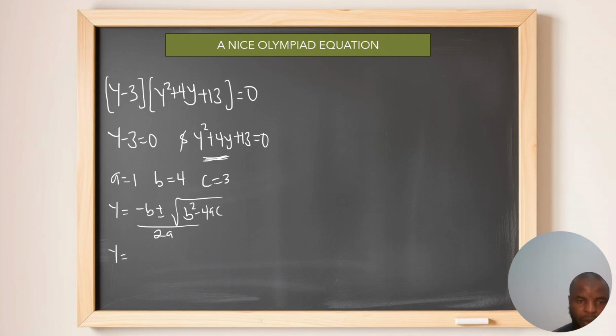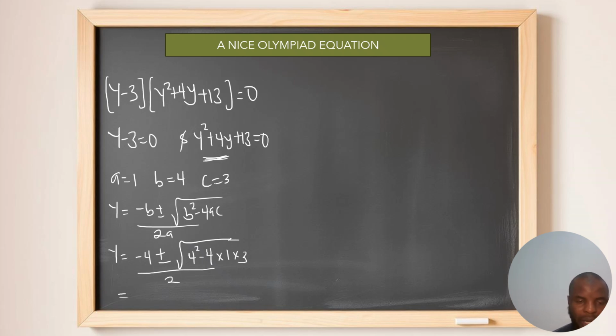So here minus b, which is minus 4, plus or minus the square root of b squared, which is 4 squared, minus 4 times a, which is 1, times c, which is 13, divided by 2a, which is 2.